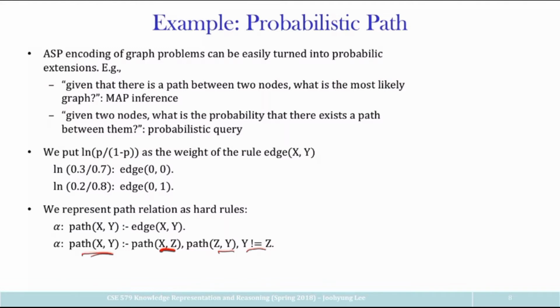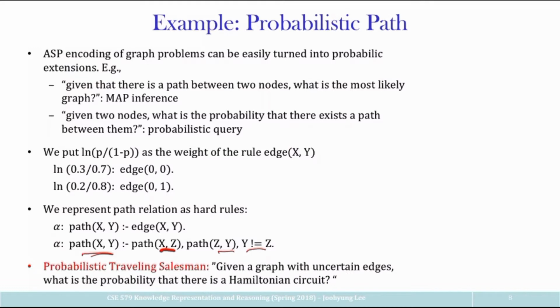The graph was represented by a set of nodes and a set of edges, and you can always turn the edges into probabilistic facts. And you can easily do the probabilistic traveling salesman problem. We had this Hamiltonian circuit problem, and there we saw how to find the Hamiltonian circuit from the graph.